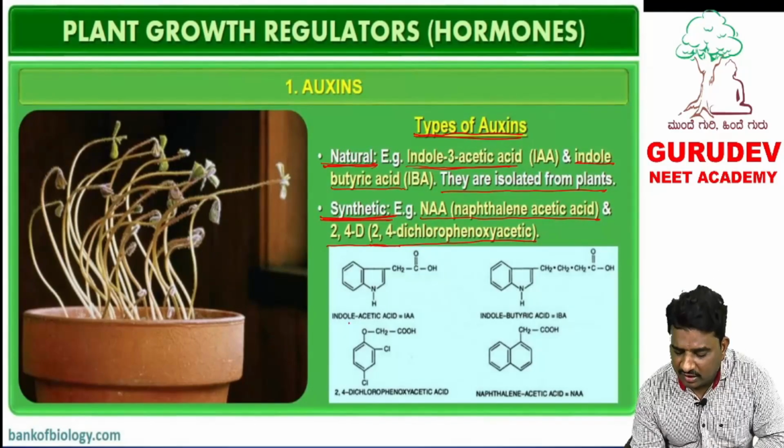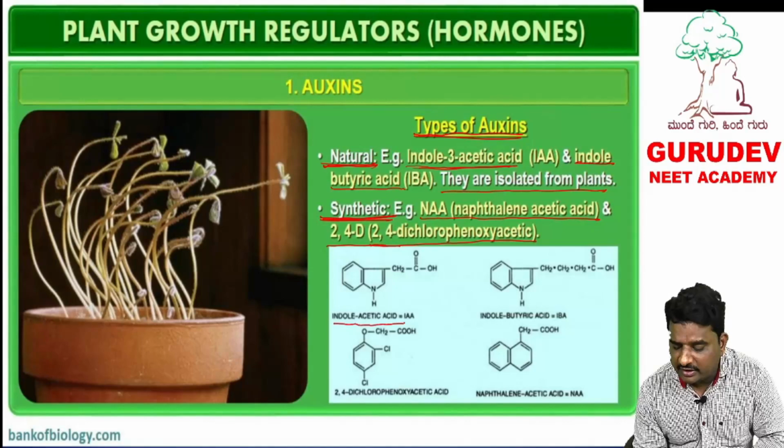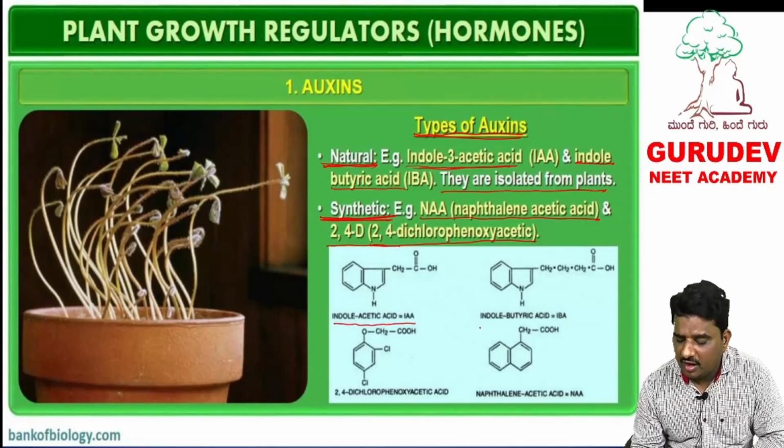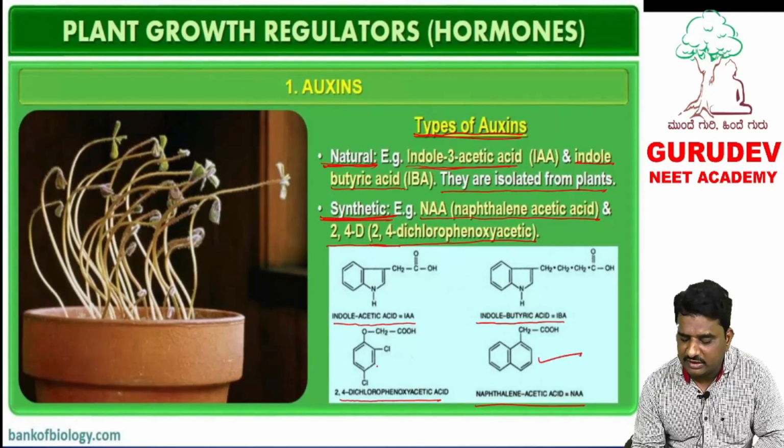See, they have given the diagram also. IAA and IBA are natural auxins, and the synthetic auxins are dichlorophenoxy acetic acid and naphthalene acetic acid. This is the structure of naphthalene acetic acid. This is the structure of 2,4-dichlorophenoxy acetic acid.